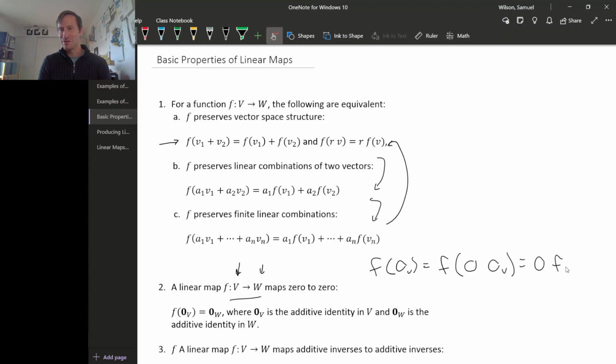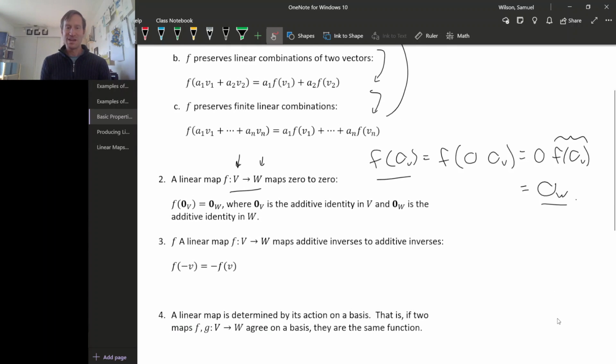So now we have zero scalar product with f of the zero in V, but it doesn't matter what f of the zero in V is. Zero times that is going to be the zero in W, right? So now we see that f of the zero vector in V has to be the zero vector in W.